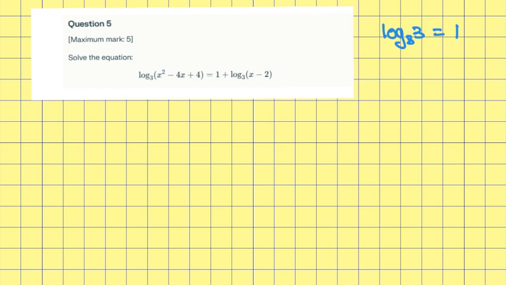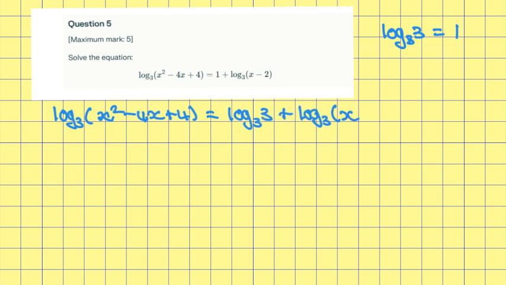Therefore, we can rewrite log to the base 3 of (x² − 4x + 4) is equal to log₃3 plus log₃(x − 2). On the right hand side, we have two logs added together. We can use the multiplication rule.